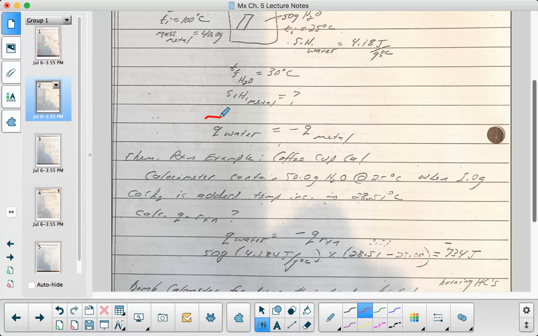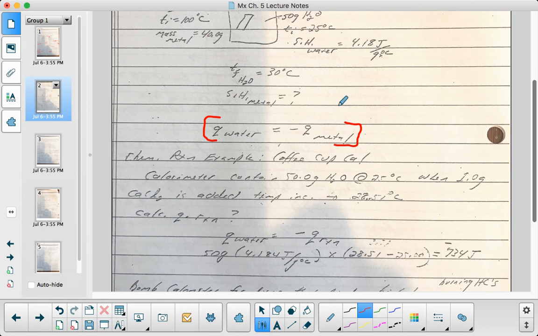The equation that describes that, which I like to use and put in your pre-lab notes, is that the Q of the water is equal to negative Q of the metal. So what that means is that if the heat is leaving the metal, it's going into the water.